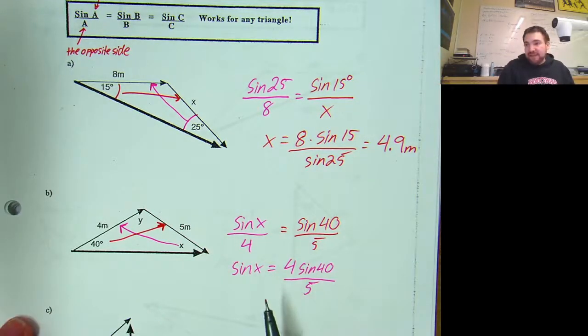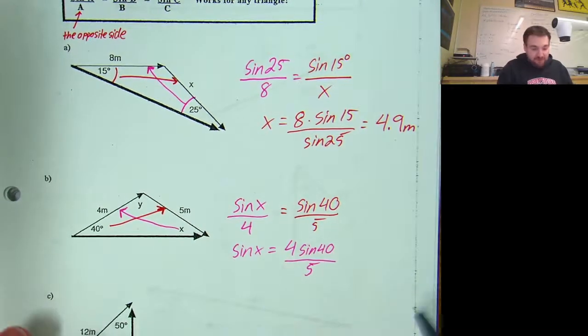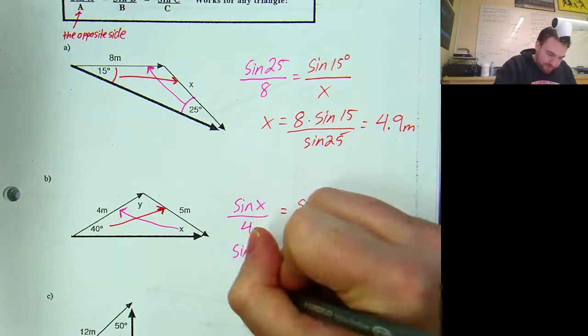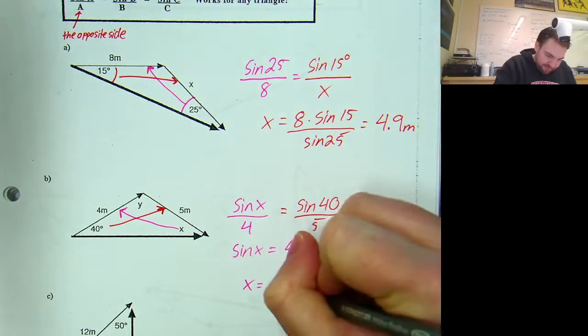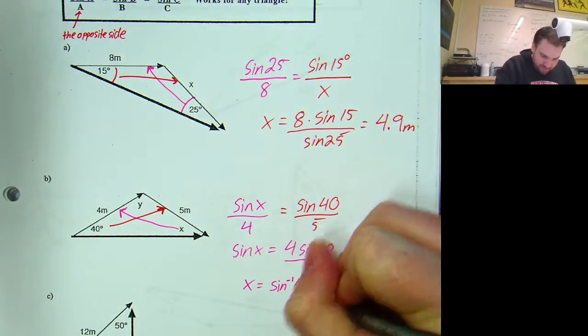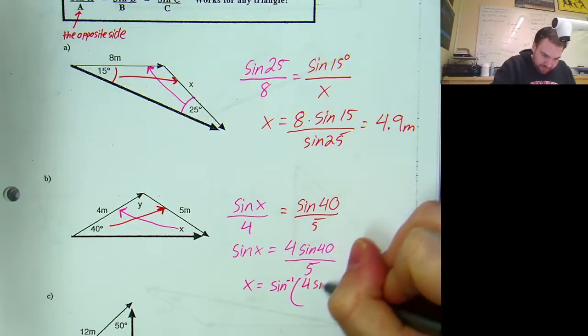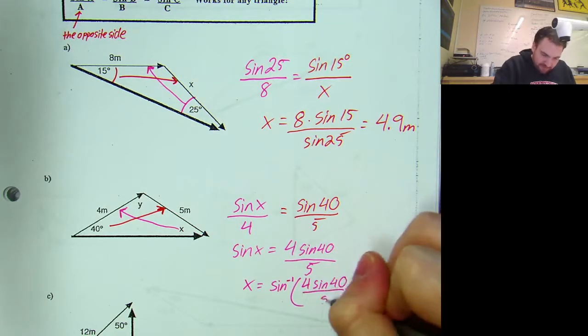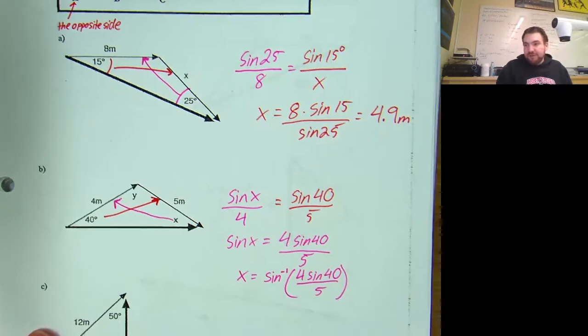Then to isolate x, we take the sine inverse of both sides, something that you should be able to do. So x equals the sine inverse of 4 sine 40 over 5. And this one I will show you how it goes into your calculator.